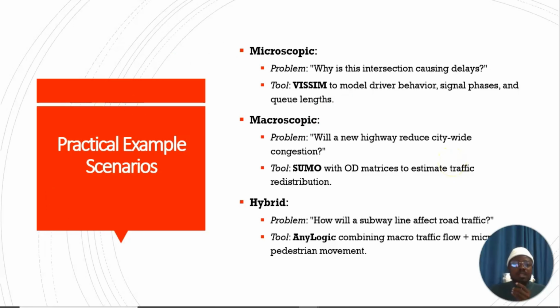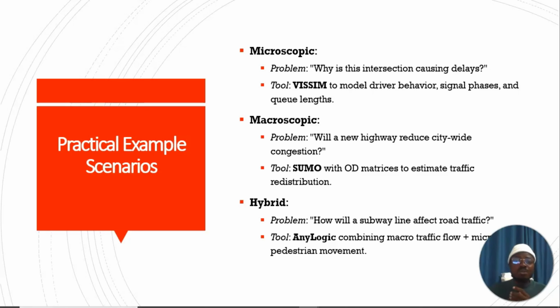And the last point here is the hybrid, which is also called the mesoscopic simulation. And the problem could be: how will a subway line affect road traffic? We know we have a subway line, so what interaction will it have with road traffic, and how can it affect it? We can make use of AnyLogic to combine the macro traffic flow plus the micro pedestrian movement.